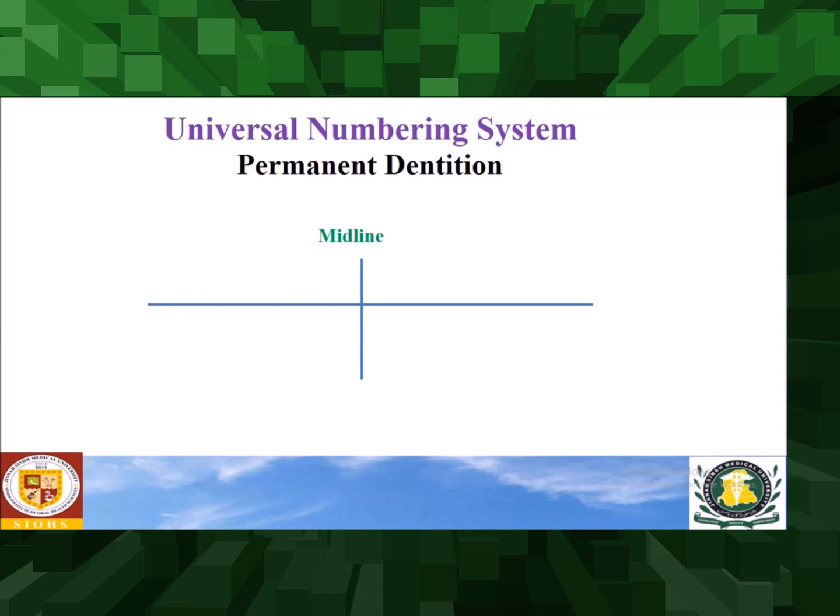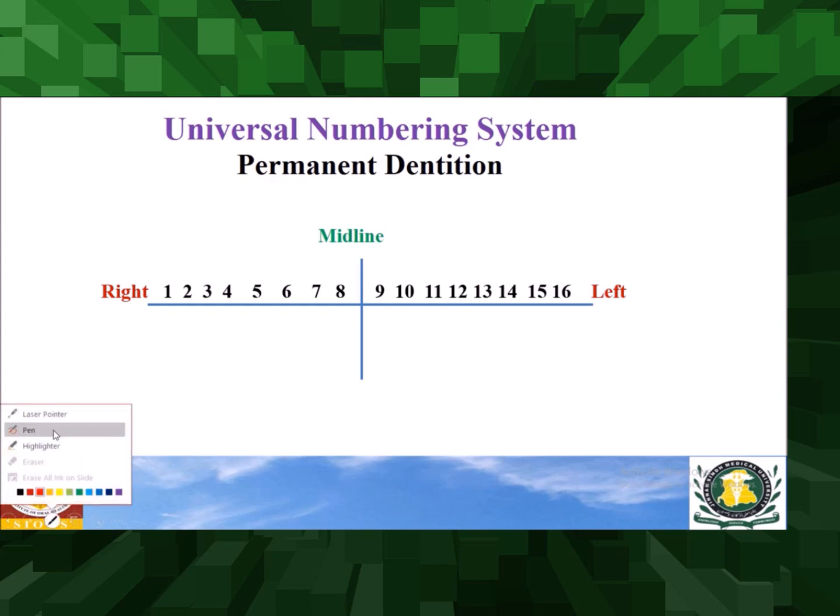Universal numbering system for the permanent dentition. The permanent teeth are numbered from 1 to 16 in the maxillary arch. So the number starts with 1 from the right side. This is the number for the maxillary third molar of the right side till 16 for the maxillary third molar of the left side.